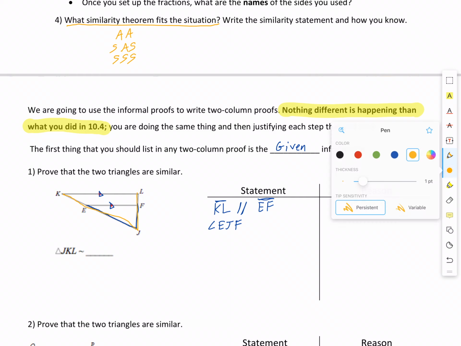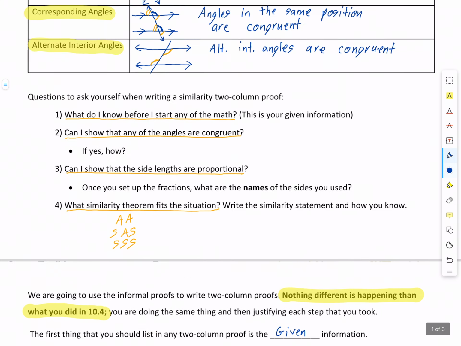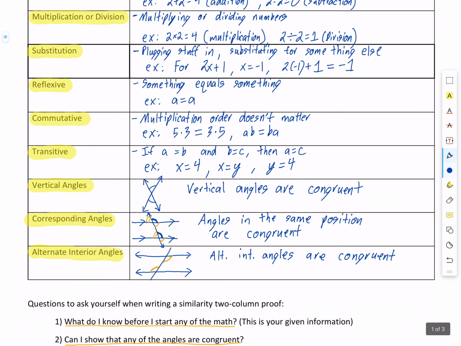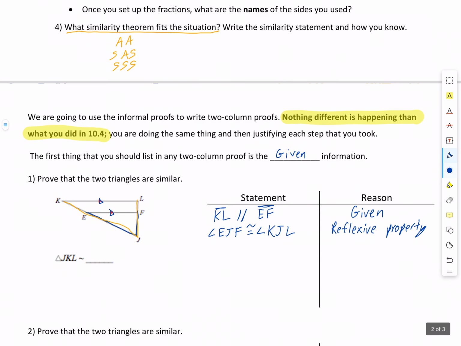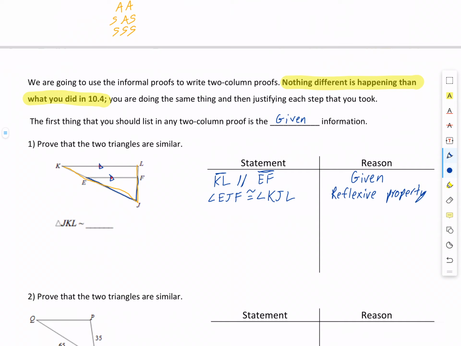So angle EJF is congruent to angle KJL, and the reason is the reflexive property. If we scroll back up, the reflexive property is when something equals itself. These are the exact same angle, so by the reflexive property, they're the same.